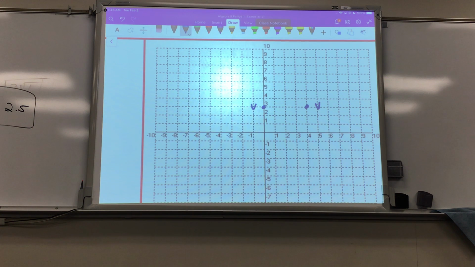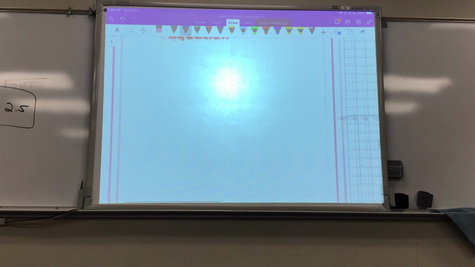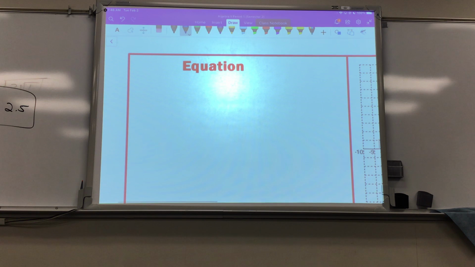It falls right in the middle. Center. That would put it at (2, 3), correct? There's my center. I have a center at (2, 3).